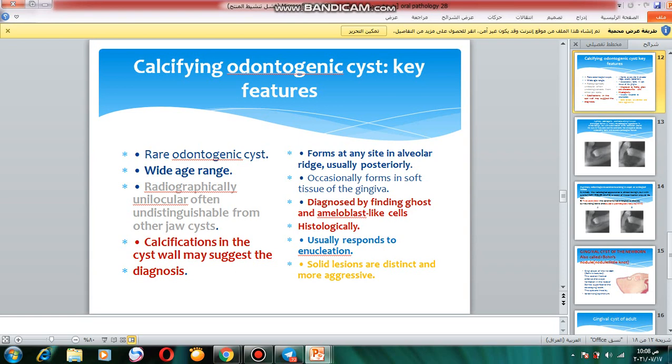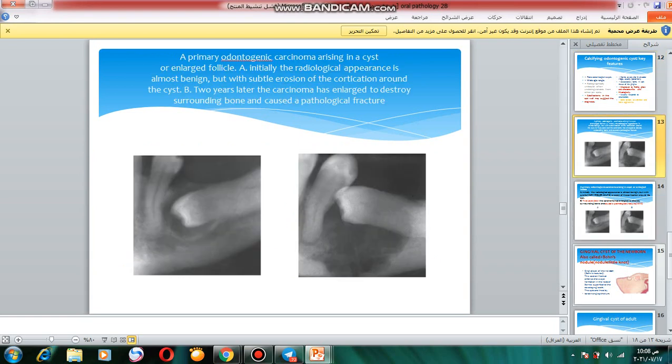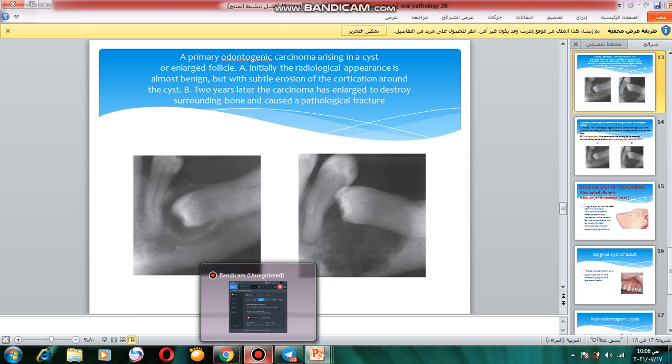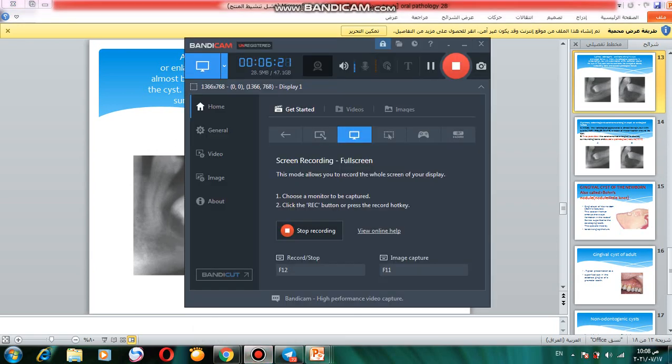Slide number 13. We can see the radiographic feature. Here we have an impacted premolar. If you see a radiolucency that surrounds the crown, we say this is the pathognomonic feature of the dentigerous cyst.